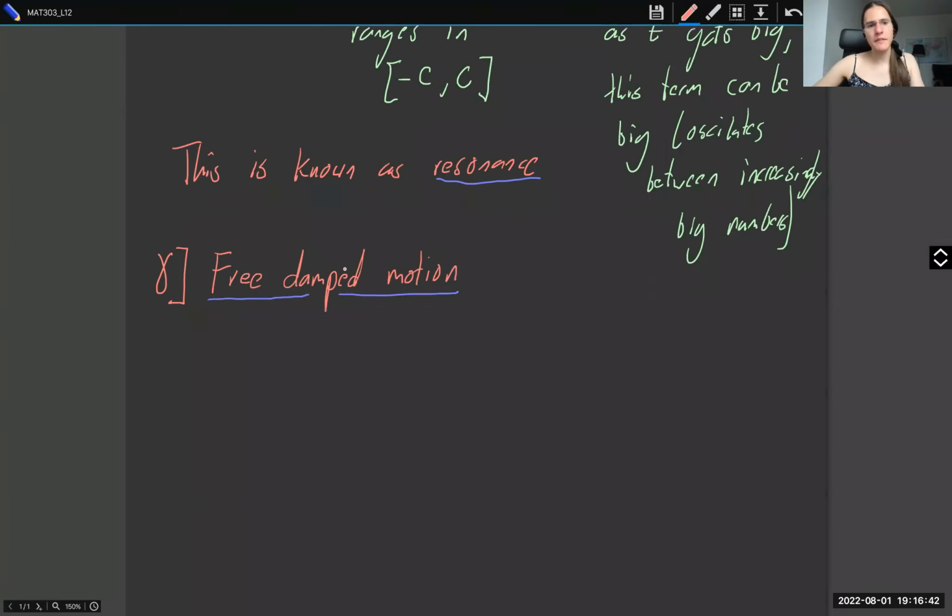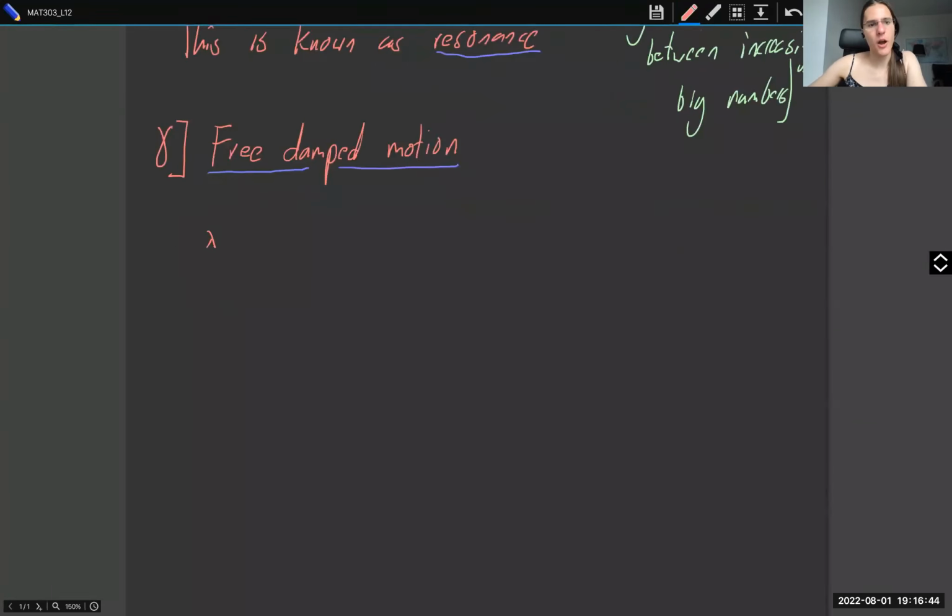And so what we have here is that x'' + 2rx' + ω₀²x = 0. To give you an example of how something like this would arise, imagine that you have a wall, and then you have the ground, and then you have a spring attached to it.